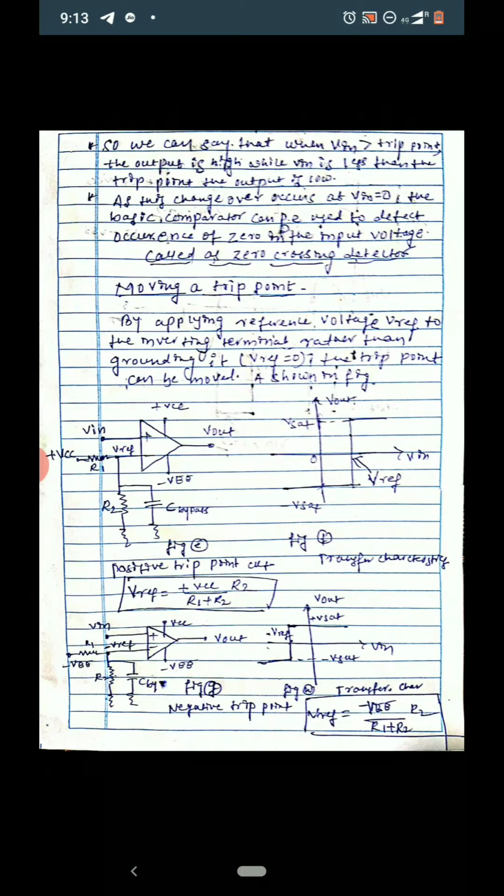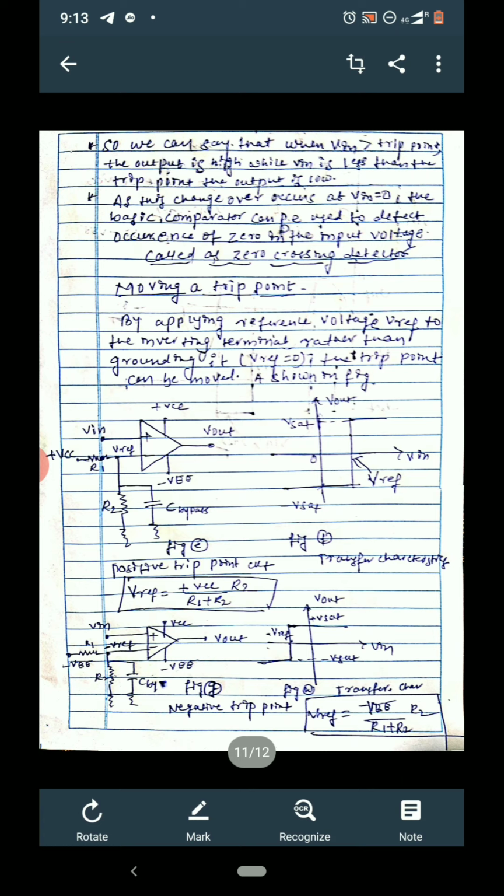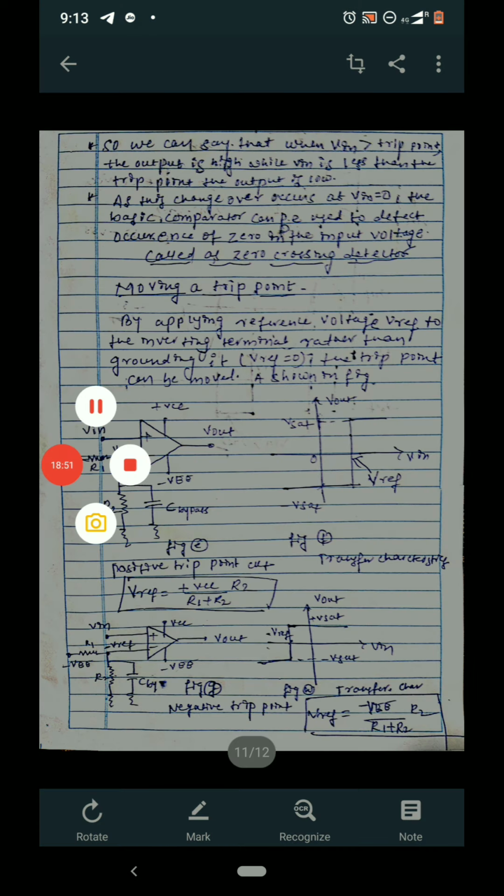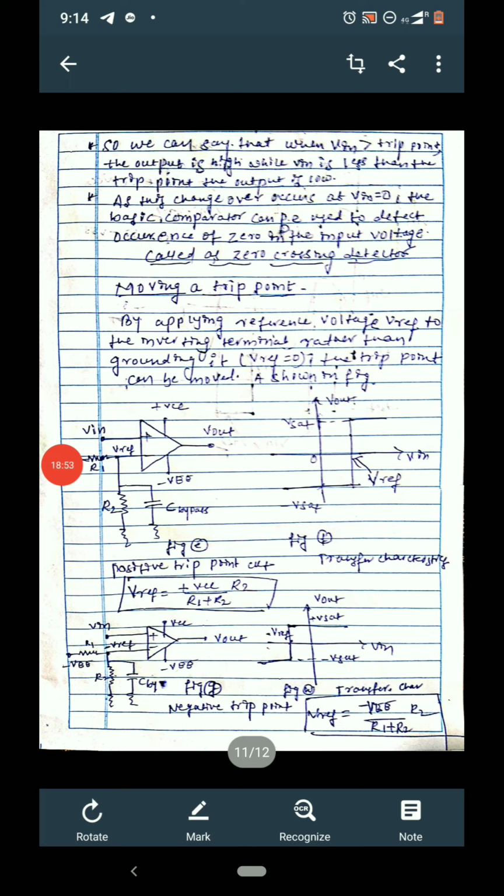Now you can set your trip point. How can you set it? You can decide, instead of 0, at some particular reference voltage your output should change.